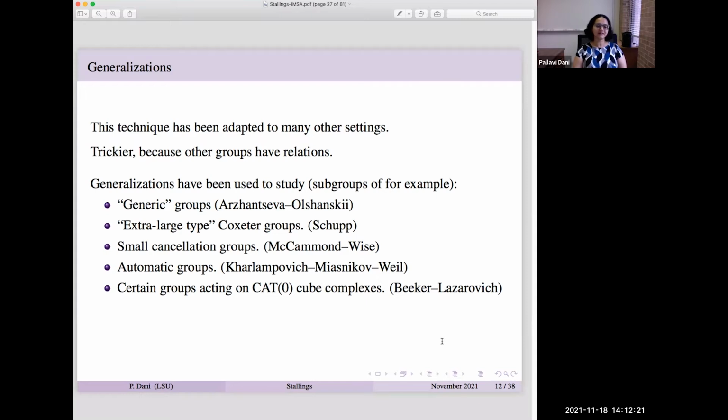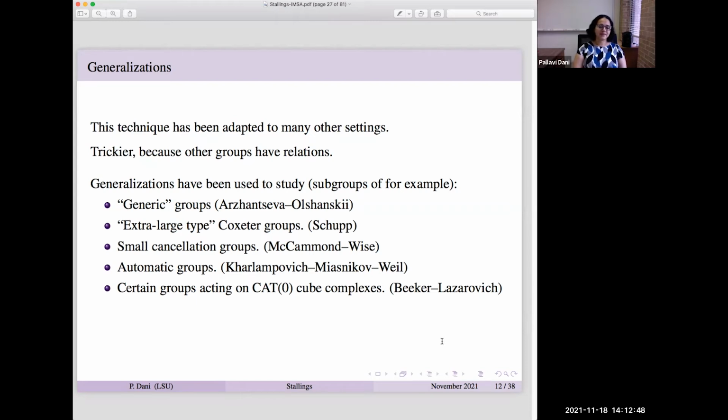in all these different settings. So, the first people, I think, to do it in a non-free setting were Arzhantseva and Ol'shanskii, who proved something about generic groups using some folding type ideas. And then Schupp adapted it to extra large type Coxeter groups.